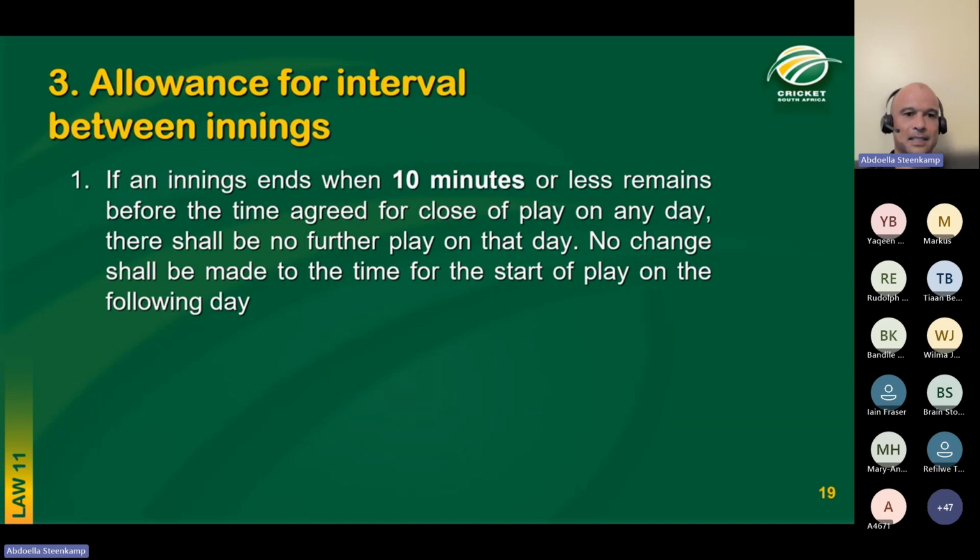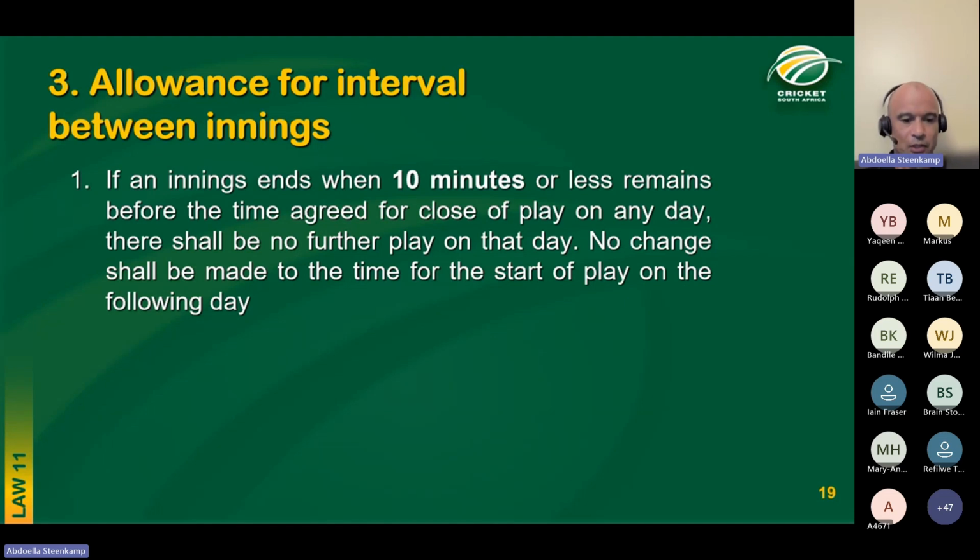What happens next? And this is now where we activate 3.1 under Law 11, where it tells us that if an innings ends 10 minutes or less to the close of play, in our example, 16:52 is 8 minutes to the close of play. So this falls within this window period of 10 minutes or less.